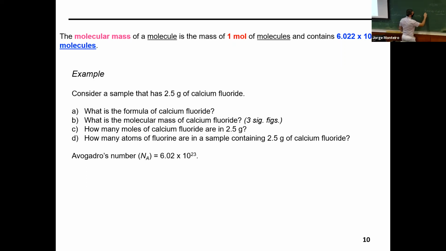On the left side, moles of calcium fluoride, and on the right side, atoms of fluorine. For each mole of the compound, we have 2 times 6.02 times 10 to the 23rd atoms of fluorine.